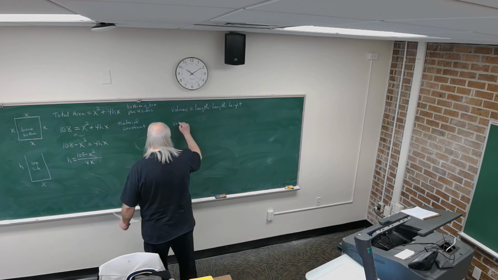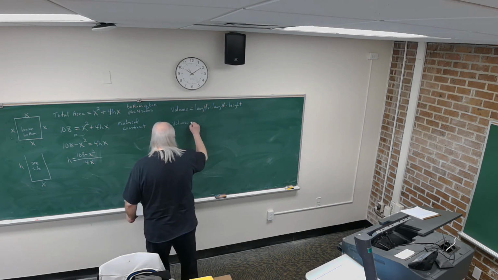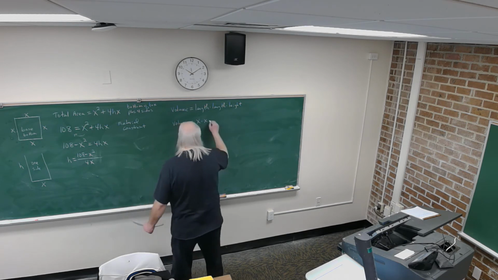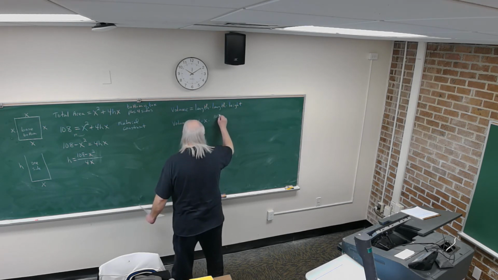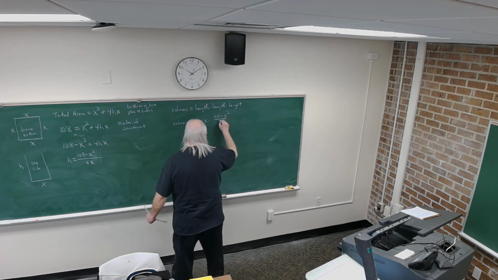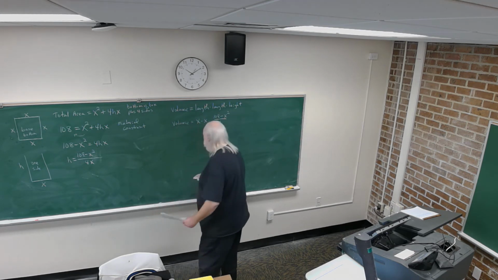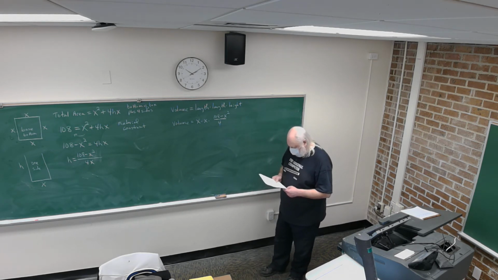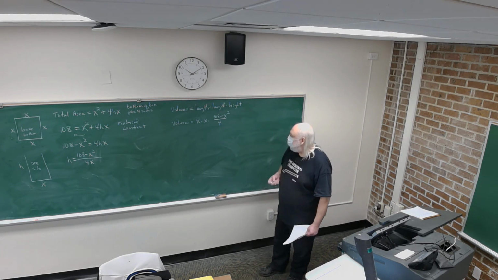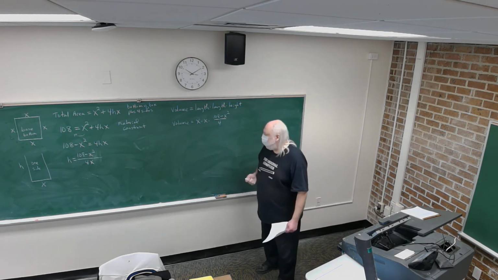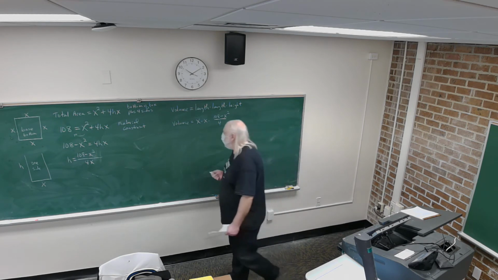So the volume in this case is equal to x times x times 108 minus x squared over 4. Well, you know x times x is x squared.